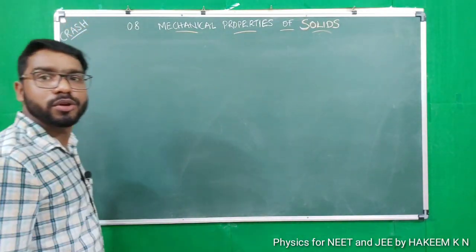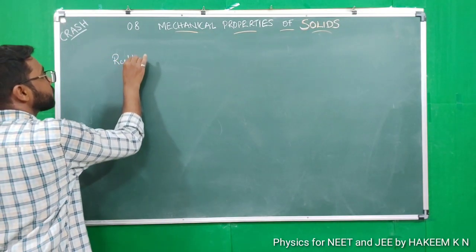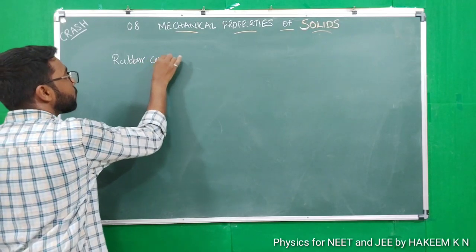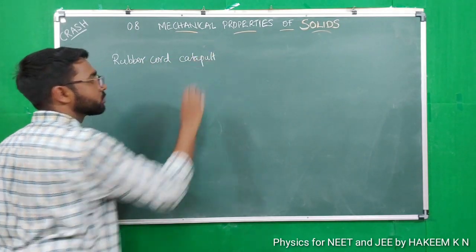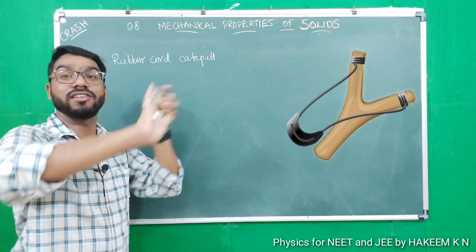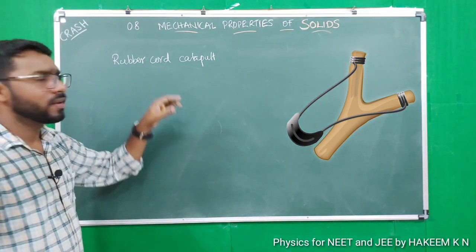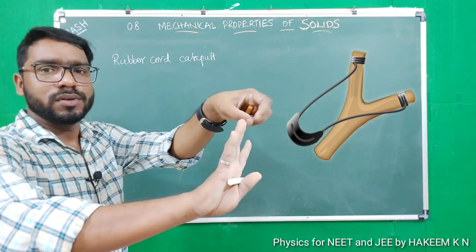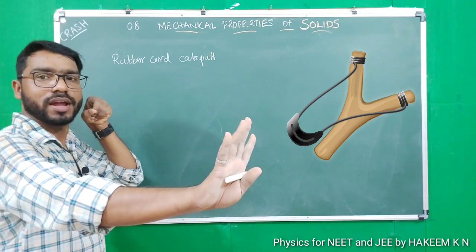The last point of the chapter, a rubber cord catapult, which is used to frighten birds, dogs, etc. Placing a stone above it and stretching, what happens?